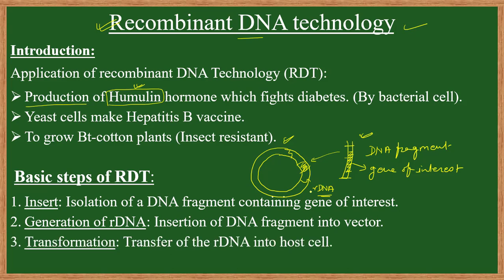Now the third step is called transformation. We have to transform this vector into the host cell. Suppose this is the host cell, then we have to introduce the vector into the same host cell. This process is called transformation.